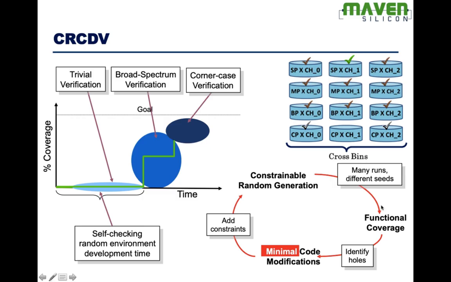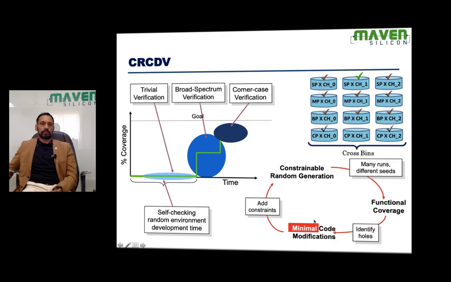Every time we run simulation, we look at coverage: how many bins have been covered and which bins remain. These are called coverage holes. Based on the coverage holes, we include some more constraints. It's called code modification; we fine-tune the constraints. This is called constraint random coverage driven verification.